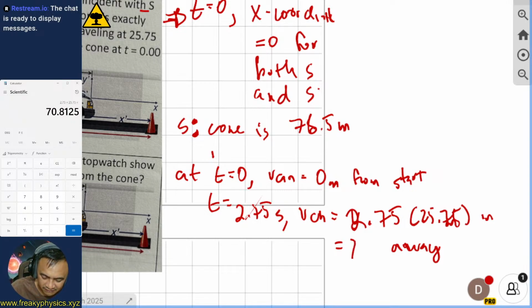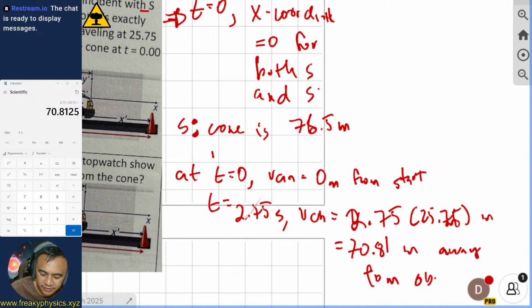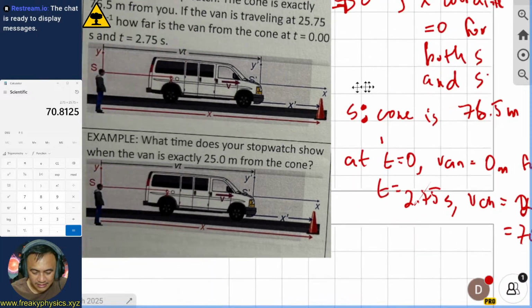So let's put that as 70.81 meters away from the observer in S. So that's the first part. We've just solved the first part.